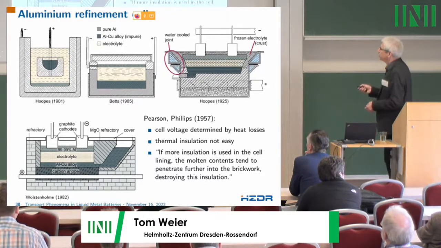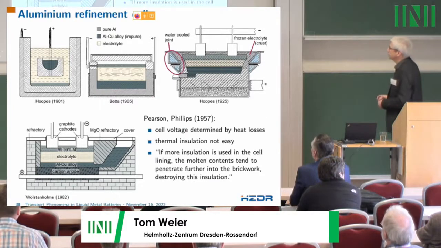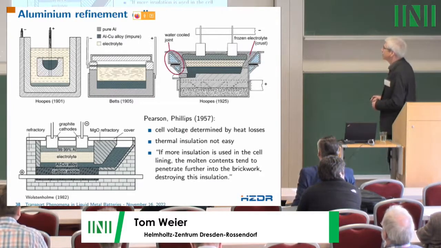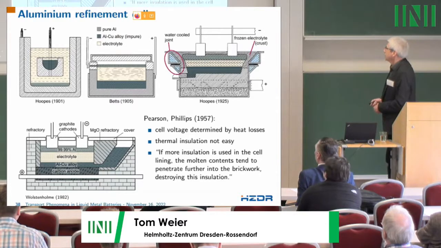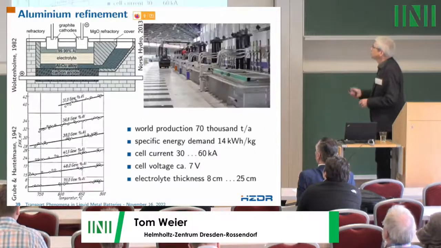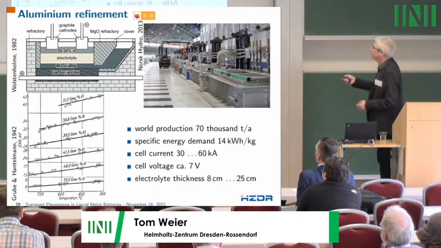It was started by Hoops in 1901, and first successful cells went into operation in the 1930s, maybe. And now they are working. These are large, 3-layer cells, and they provide a voltage, because you have impure aluminum alloyed with copper on the bottom.